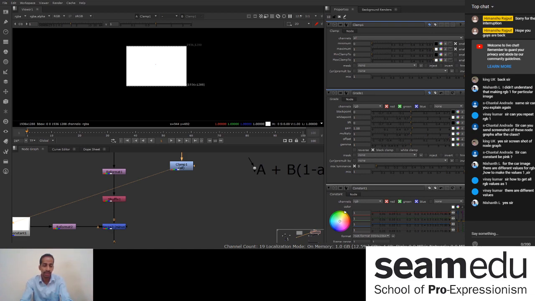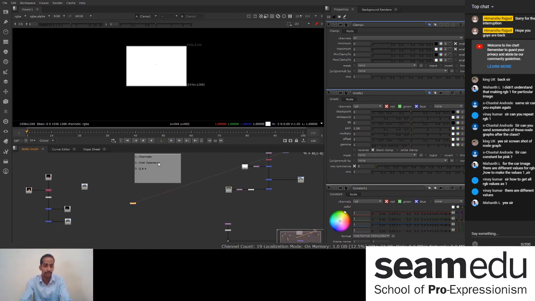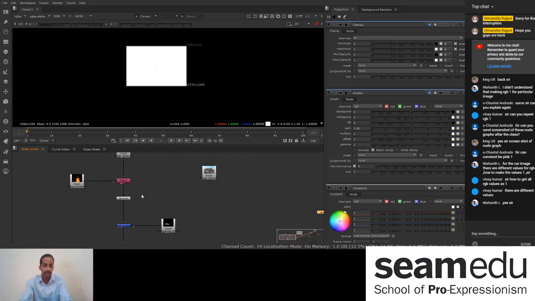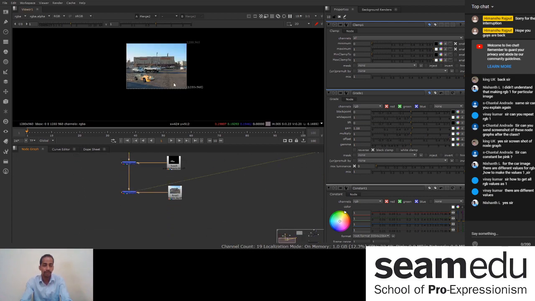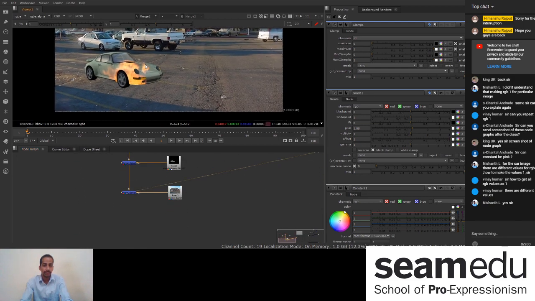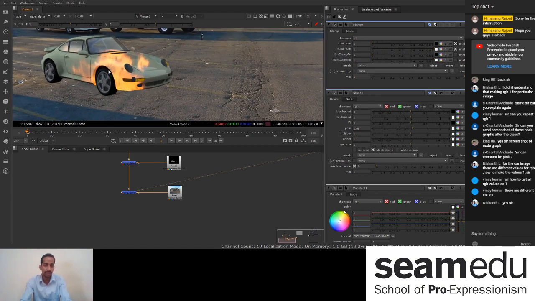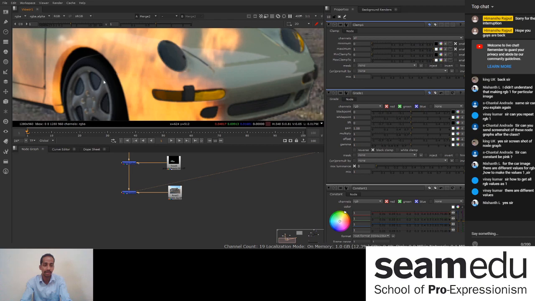For the Porsche car image compositing, you can feel free to practice and try to find out the result. I just want your observation, and that's nice that you observed and figured out that this part is not available inside the RGB.